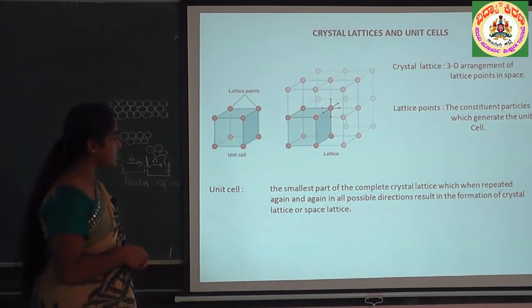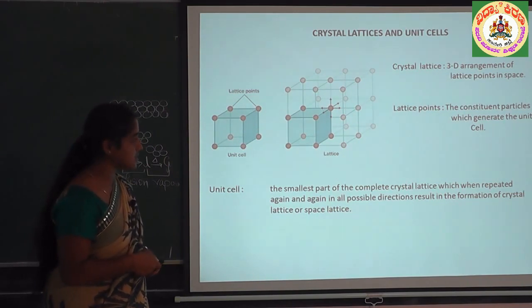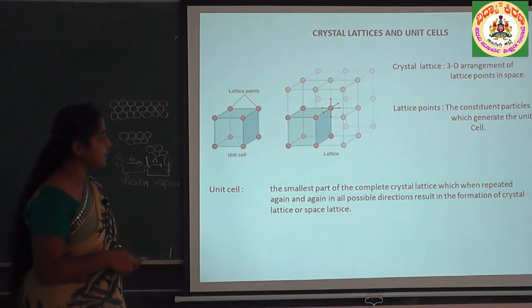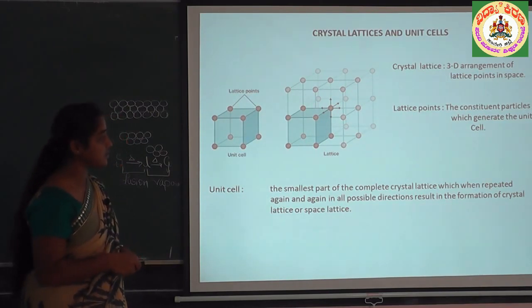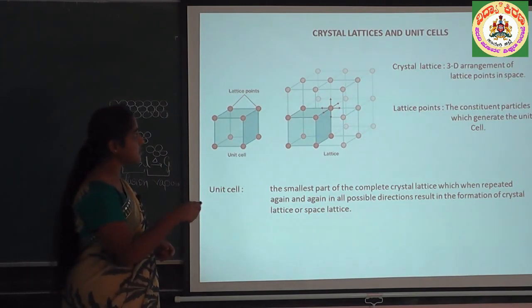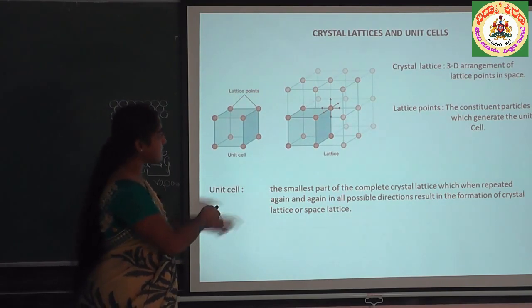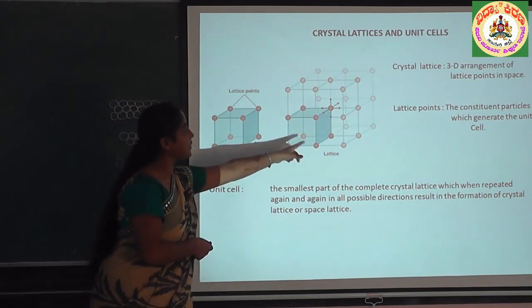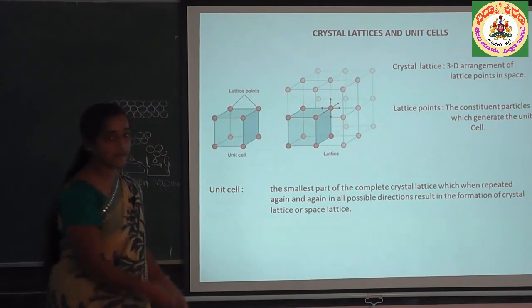Then the definition of a unit cell is the smallest part of the complete crystal lattice, which when repeated again and again in all possible directions results in the formation of the crystal lattice. See here, this whole thing is called the lattice, but this one is a unit cell. They are repeated again and again to form a crystal lattice.